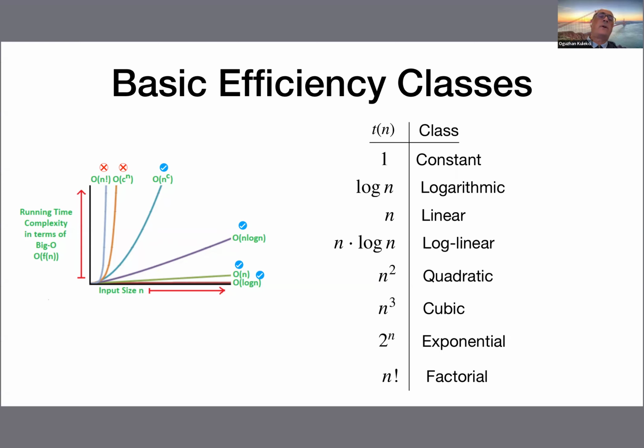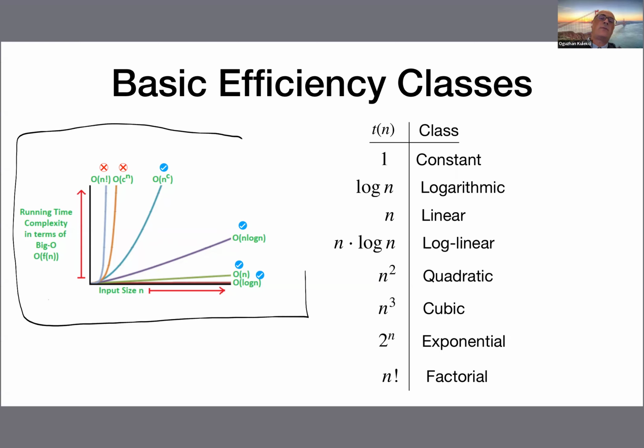I find the figure here very intuitive to understand the complexities. We will be mostly focusing on the time complexity, but whenever I say a time complexity, please assume that it can be a space complexity as well. The time complexity, the upper bound of this algorithm is log n. What it means, when n gets larger and larger, the difference in the execution time will be minimal, right?